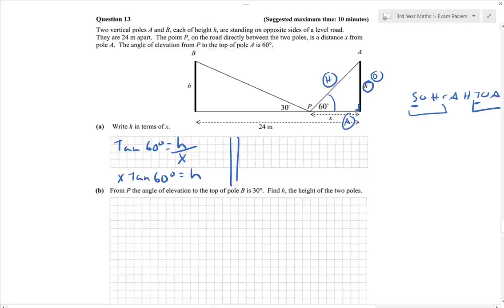So my answer is the square root of 3 x is equal to h. The x isn't over the square root, because tan 60 is the square root of 3 and then you've got your x. So I've written h in terms of x. So the height is square root of 3 x.